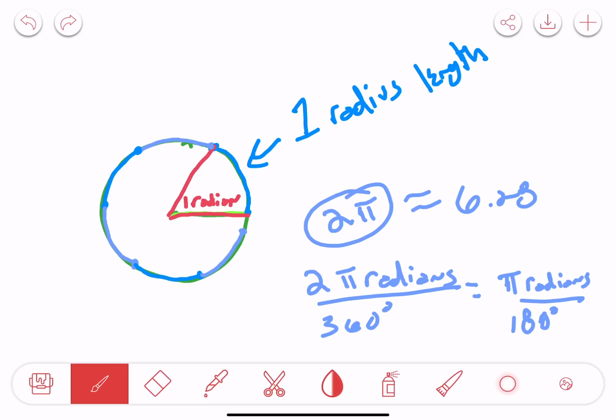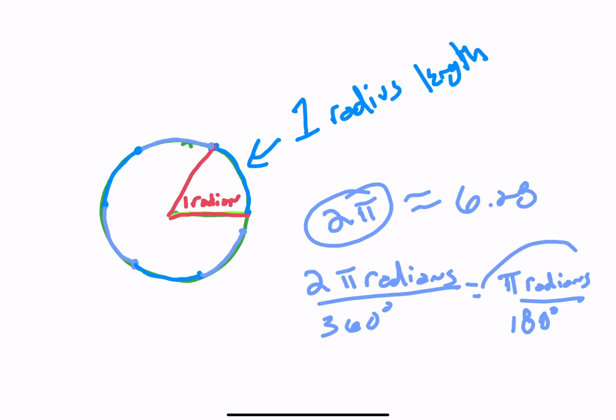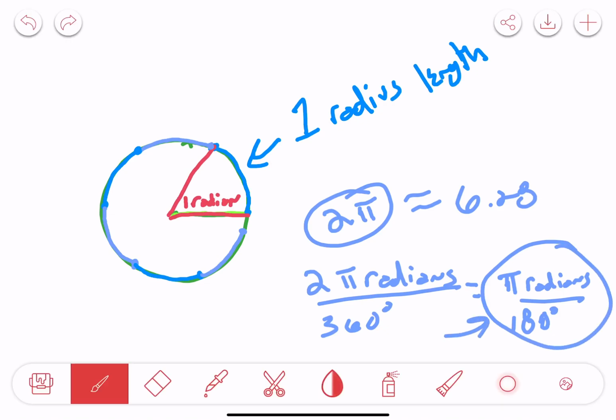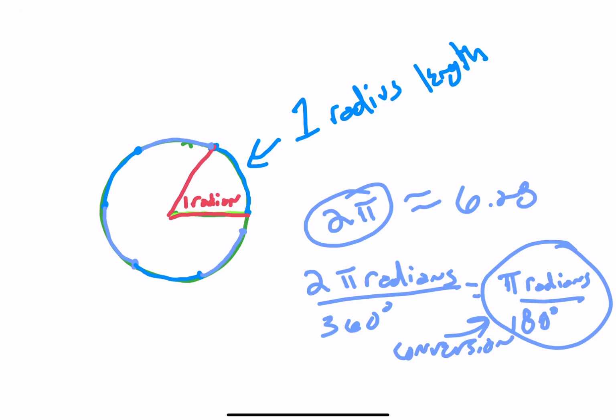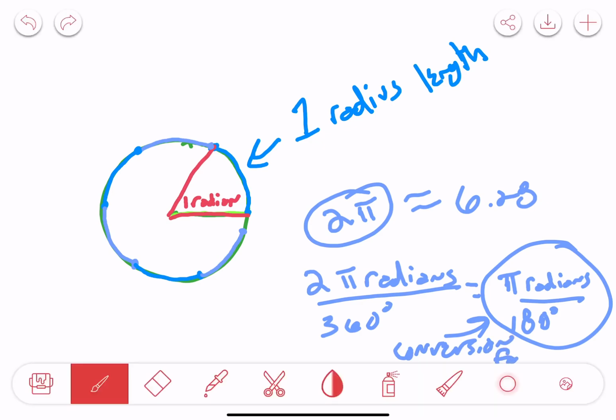Now this is my conversion factor, just like 1 to 12 is my conversion factor for feet to inches. And we can do either pi over 180 or 180 over pi, depending on what we're trying to get rid of, the degrees or the radians, and what we're trying to keep.